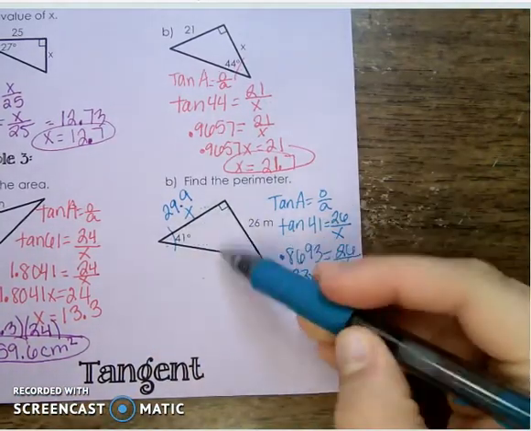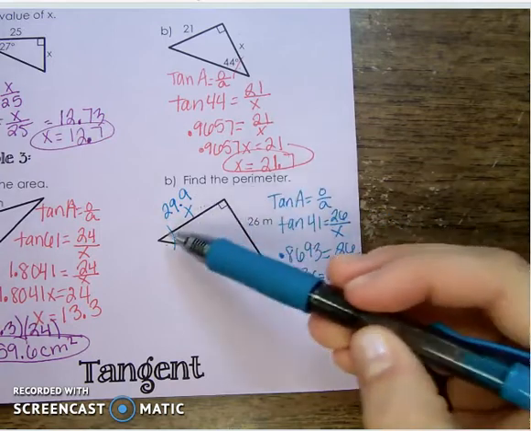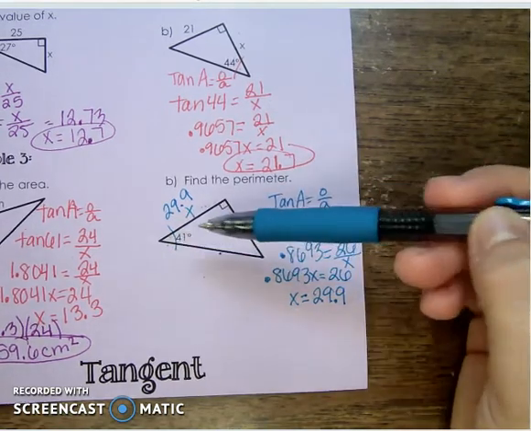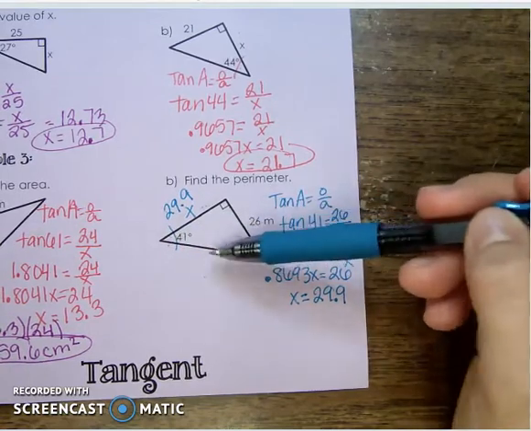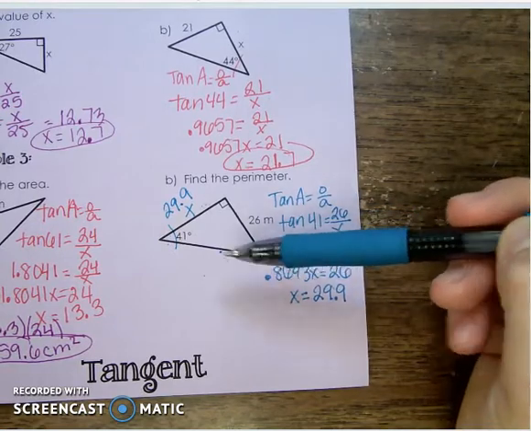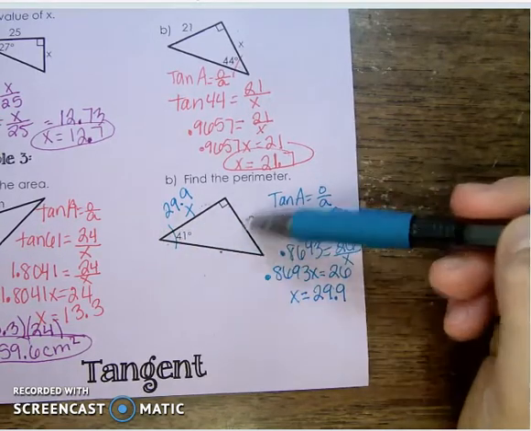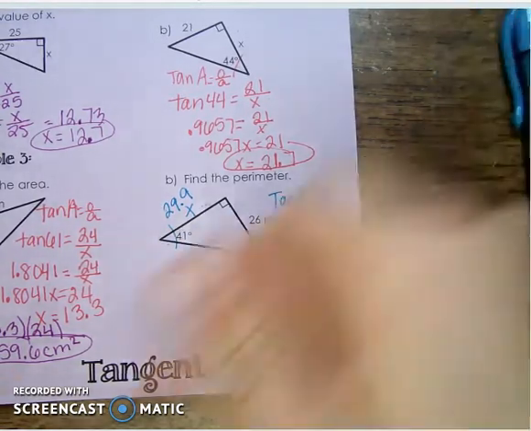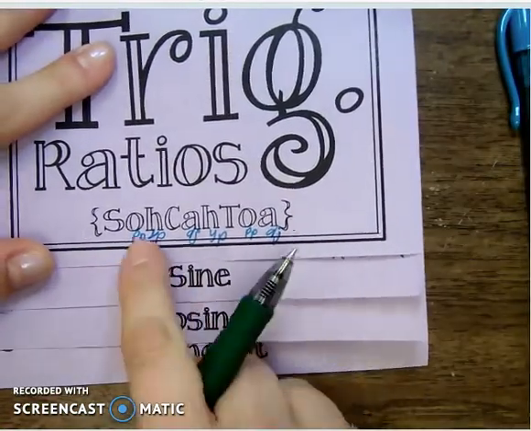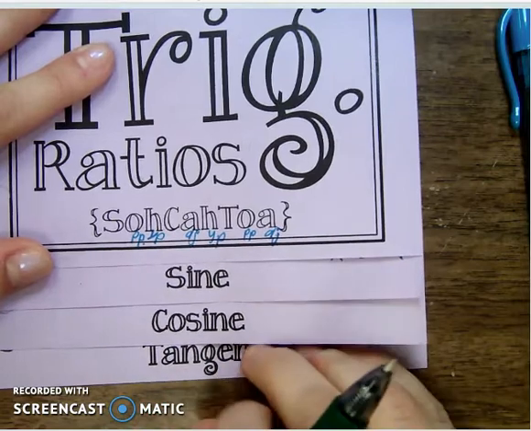Okay, but I still need my third side. I'm going to have to use something with my hypotenuse. So I have my opposite and my hypotenuse. Which one requires you to use the opposite and the hypotenuse? Sine. So that's what we're going to use.